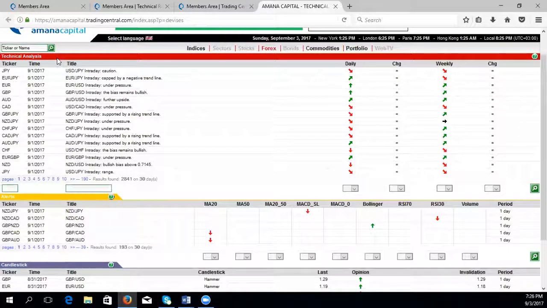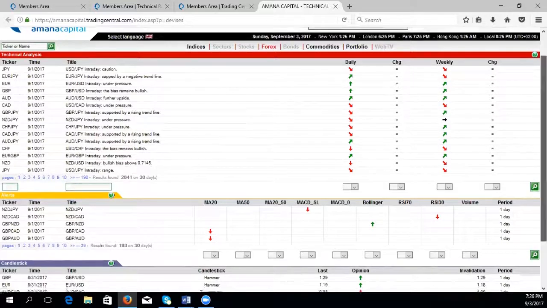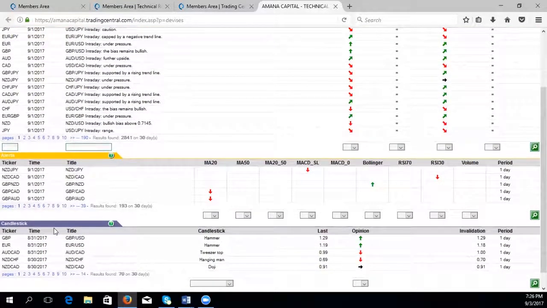The second section is called the Alert section, and it contains bullish and bearish technical alert signals that have been generated based on the previous day's closing prices. The last section, which is in here, is called the Candlestick section, and it contains the bullish, bearish, and reversal of trends Japanese candlestick signals that have been generated over the previous day's closing prices.